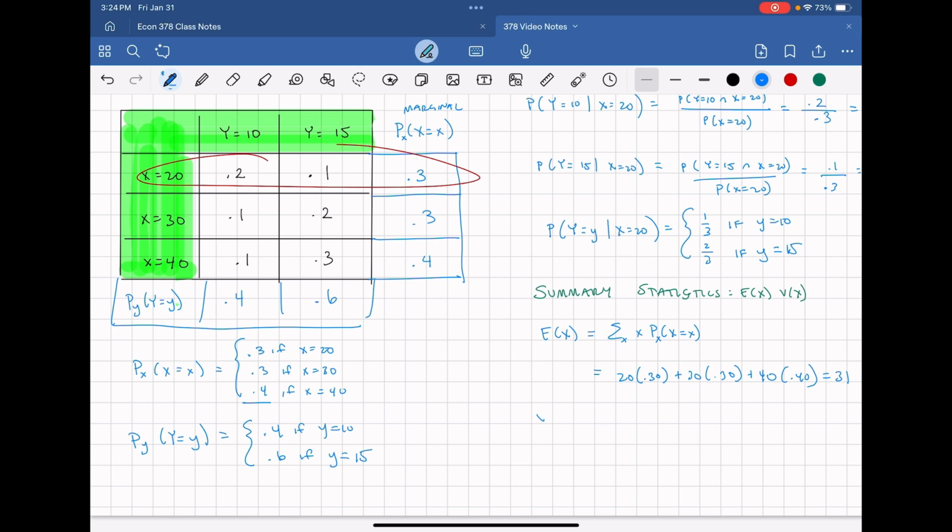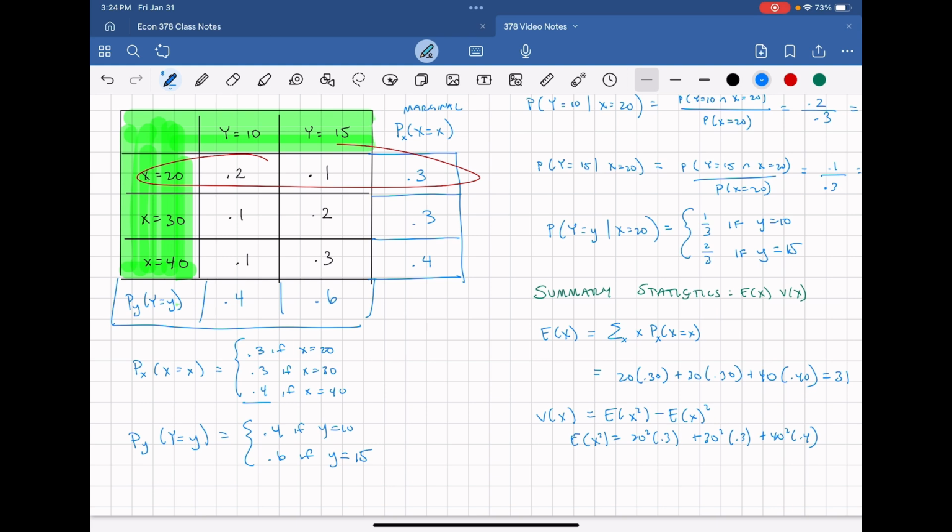We can also find the variance of x, which is the expected value of x squared minus the expected value quantity squared. So the expected value of x squared is 20 squared times 0.3 plus 30 squared times 0.3 plus 40 squared times 0.4.